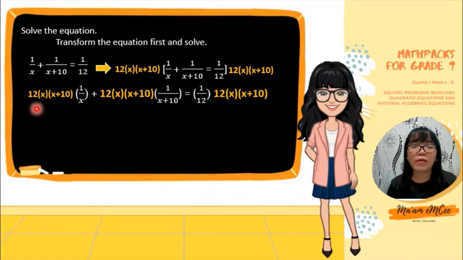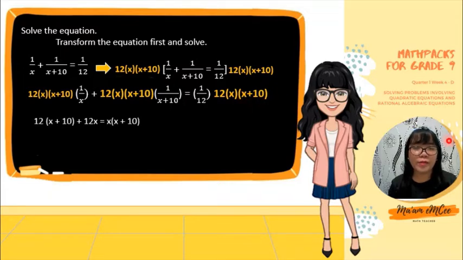So that we will have 12 times x times x plus 10, which is our LCD, times 1 over x, our first term, plus, because we have here the operation plus in between our two terms, 12 times x times x plus 10, again our LCD, times our second term, 1 over x plus 10. And that would be equal to 1 over 12 times our LCD, which is 12 times x times x plus 10.